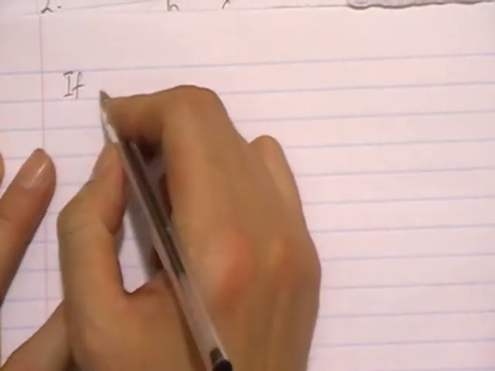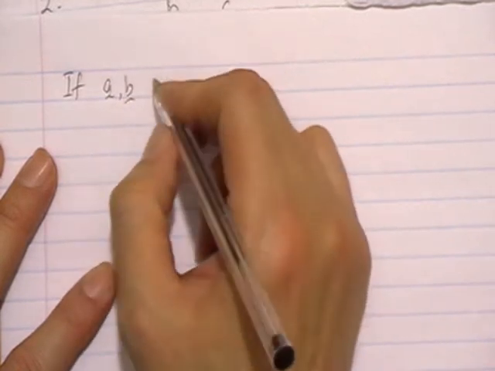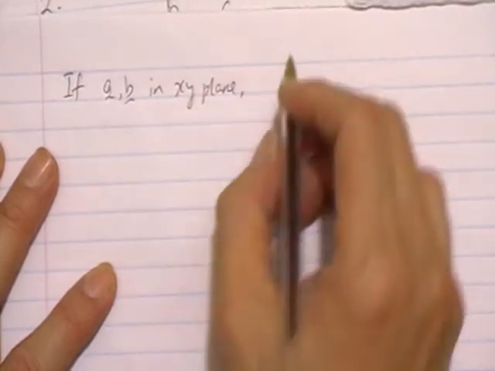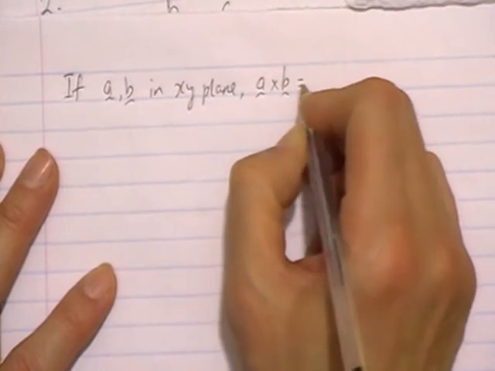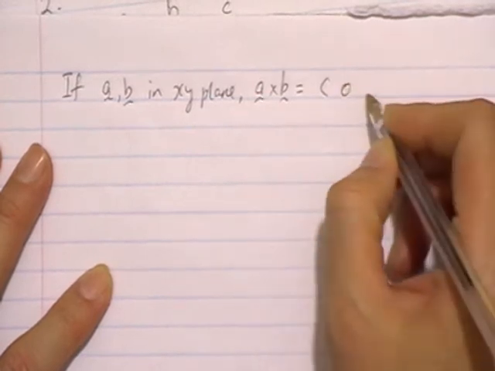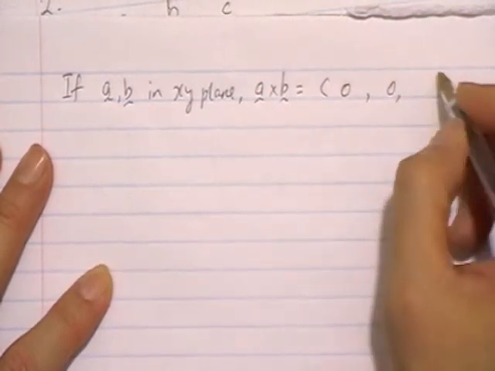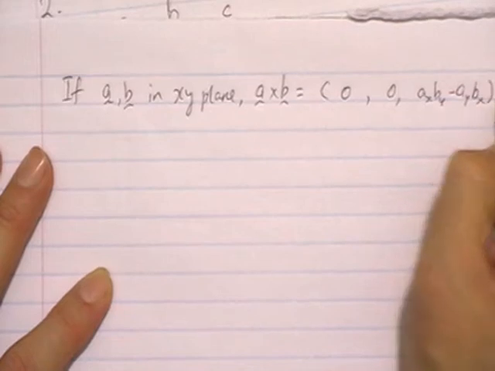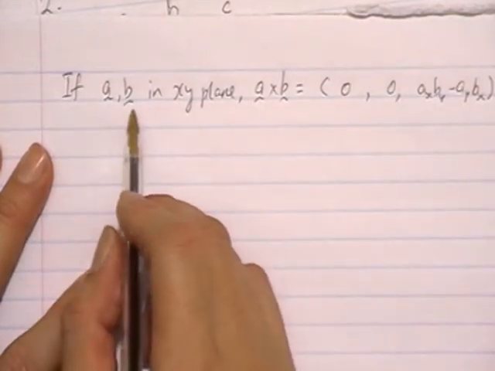So let me quickly write down this result. If A and B are in the xy plane, we have just proven that A cross B is equal to 0 component in x, 0 in y, and AxBy minus AyBx.